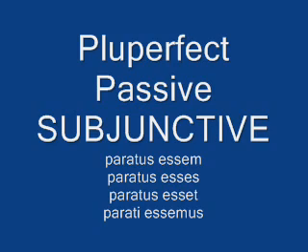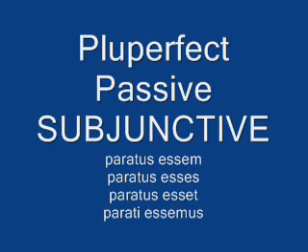You'll see there that all that happens is the form of esse is changed to the corresponding form of the subjunctive. So the passive indicative, paratus eram, paratus eras, paratus erat, just becomes the corresponding form of the subjunctive: paratus essem, paratus esses, paratus esset.